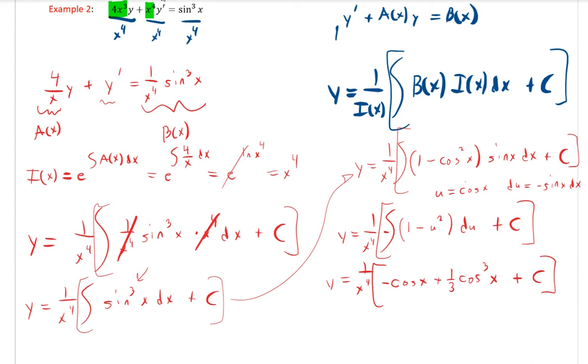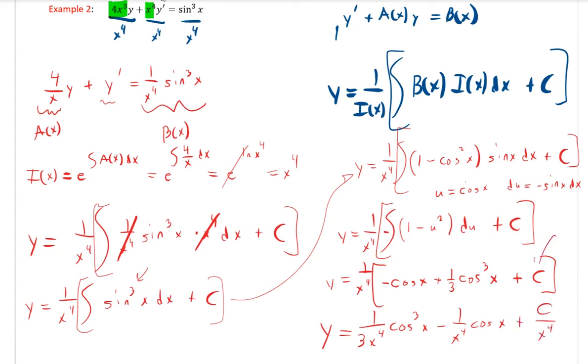And if you want to multiply that out, you get y equals, if I put positive terms first, which I like to do, 1 over 3x to the fourth cosine cubed x minus 1 over x to the fourth cosine x plus c over x to the fourth.